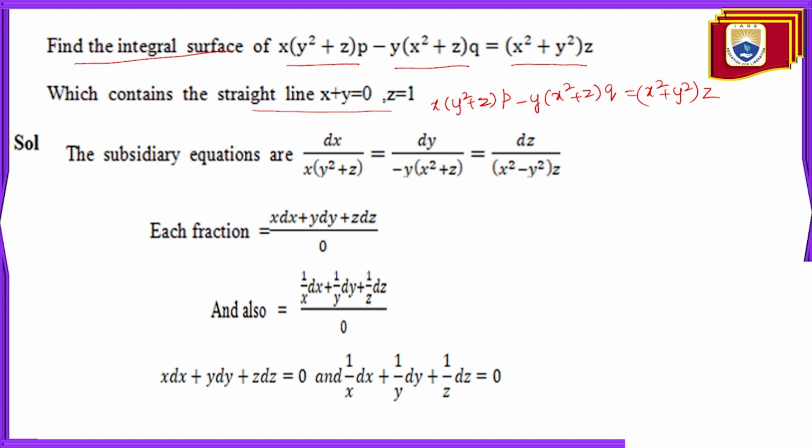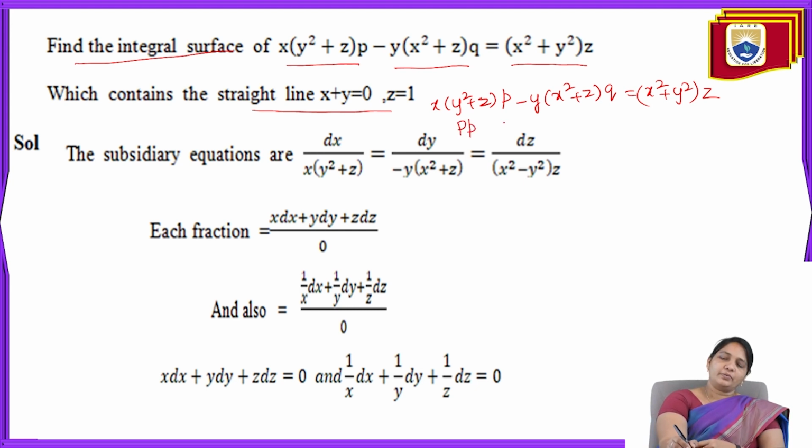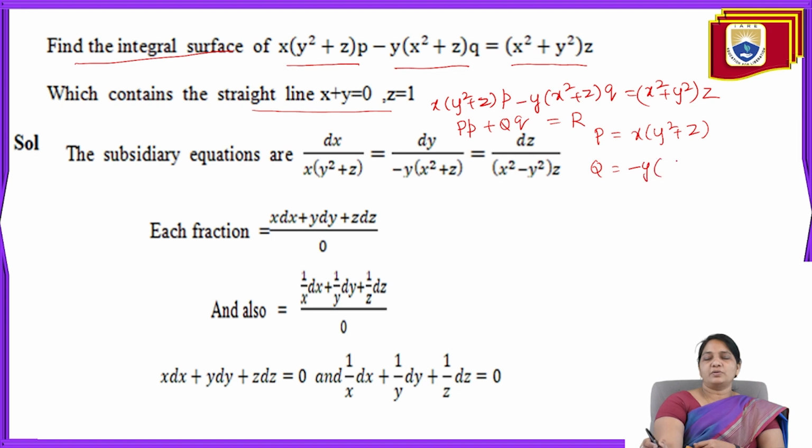So first of all, comparing with the Lagrange's equation, that is capital P into p plus capital Q into q equals R. So what is capital P? Capital P is x into y square plus z. Capital Q is minus y into x square plus z.